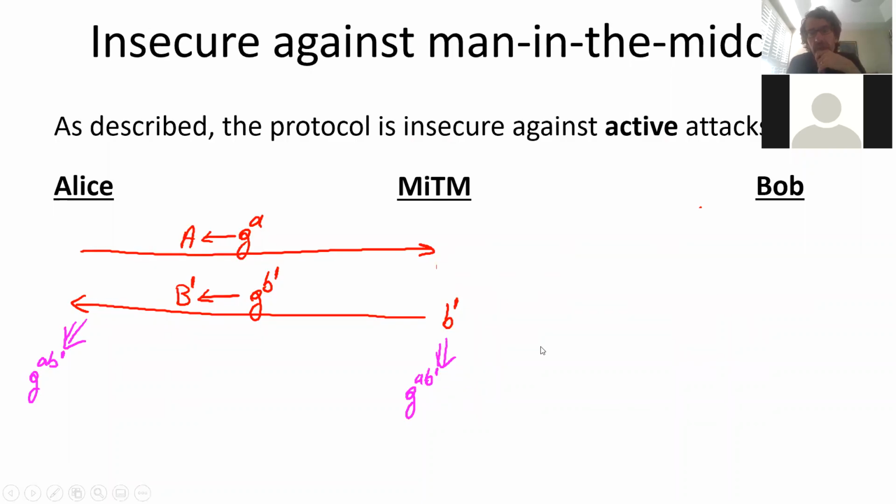Okay, so a couple of points about this, right? First of all, a simple observation that this is completely insecure against active attackers. So even if you believe in the Diffie-Hellman assumption, that the function is hard to compute given random g to the a and g to the b, this is irrelevant if you have an active attacker.